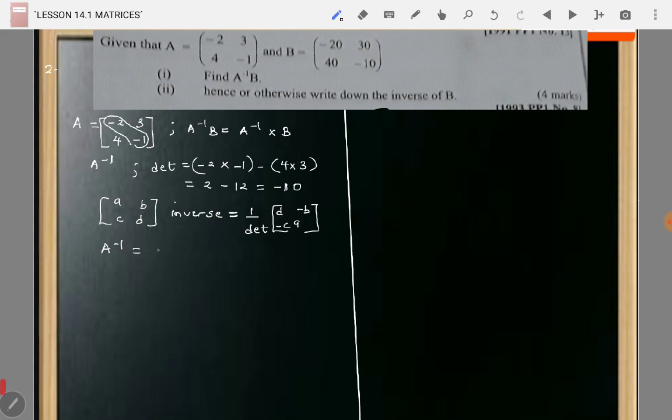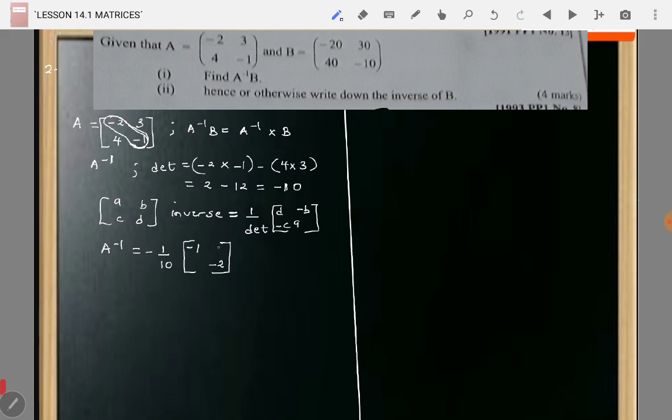it will be given by 1 over determinant, which was 10, because it was negative, write negative. Then for the main diagonal, which was occupied by -2 and -1, we interchange the values so that we have -1 and -2. Their positions have changed.